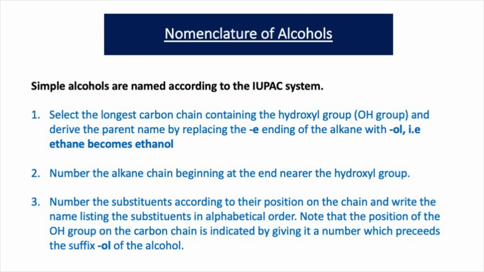So if the OH group is on carbon 2 of a 3 carbon alcohol, that would be called propan-2-ol. And if it's on carbon 3 of a 5 carbon alcohol, that would be pentan-3-ol.